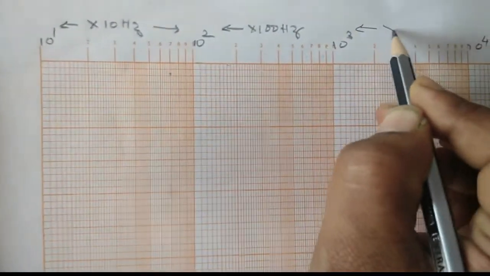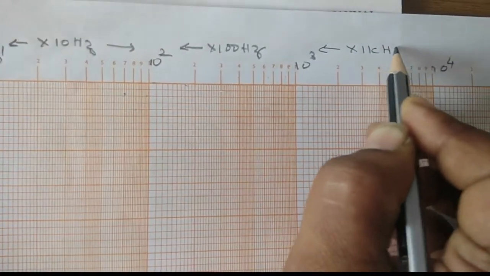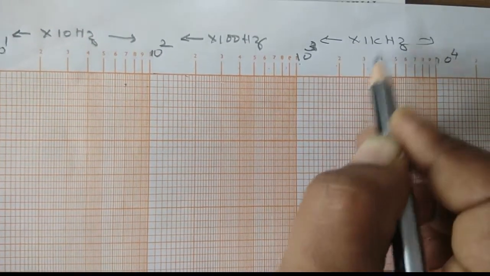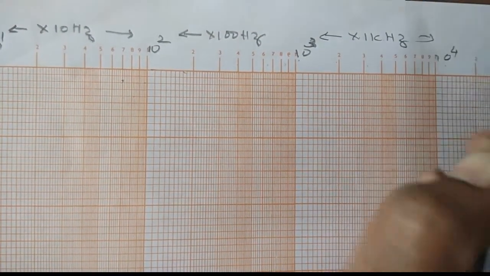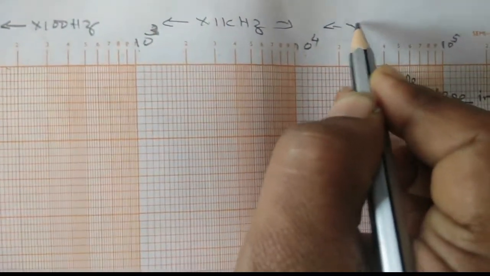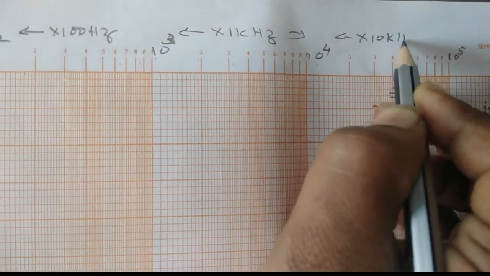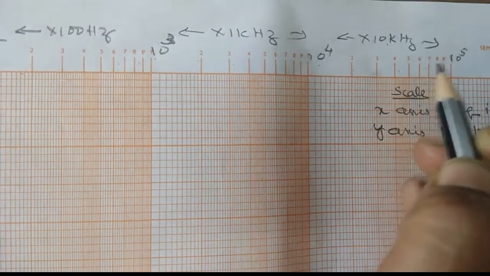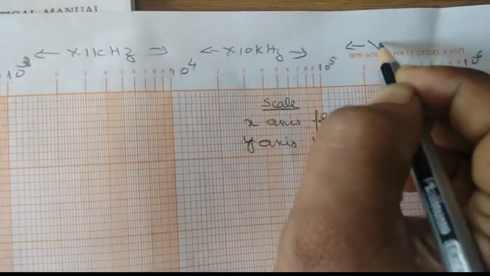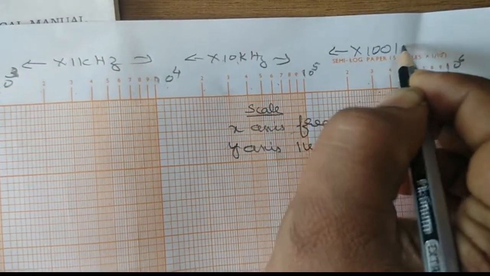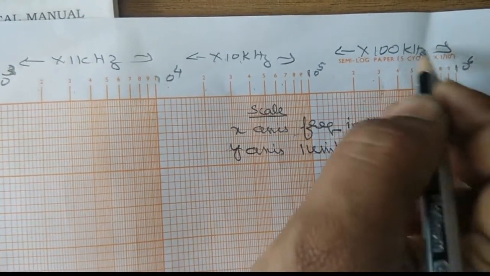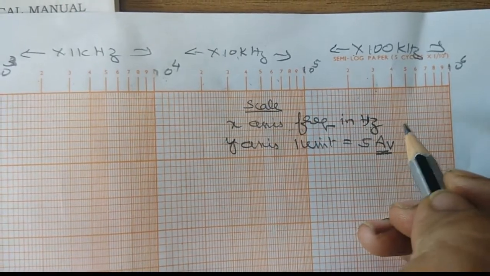Whereas this whole block will vary in steps of 1k, because 10 raised to 3 is 1k: 2k, 5k, 7k, 10k. Once we reach 10k, this whole block will vary in steps of 10k: 20k, 30k, 50k, 100k. Then this whole block will vary as 100k, that is 200, 300, 500, 900, 1 mega like this.